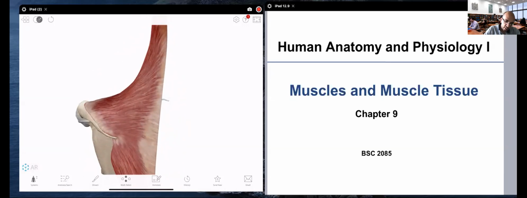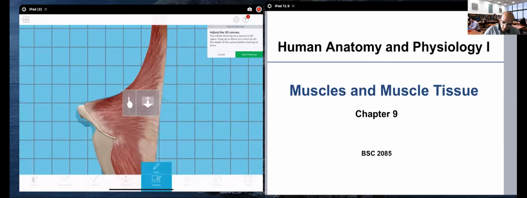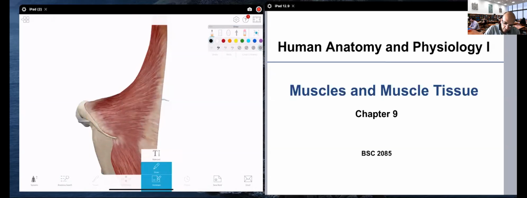So if I'm contracting the upper muscle fibers, this allows the elevation of the scapula. If I'm contracting the middle muscle fibers, this allows scapular retraction. And if I'm contracting the lower muscle fibers, I am pulling on the spine to move backward like this.